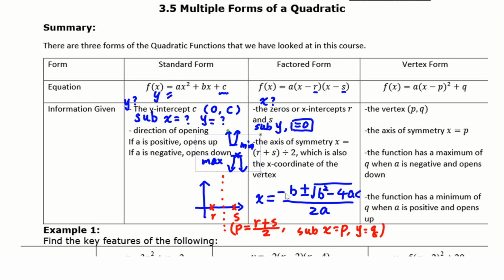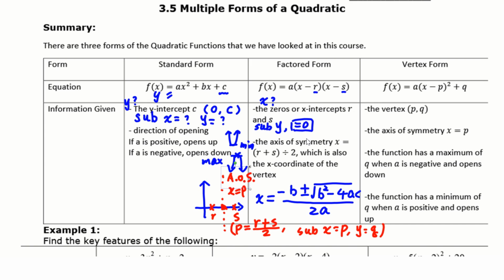Not only can you find the zeros, but also you can find the axis of symmetry, that is a vertical line that passes through the x coordinate of the vertex. So this line intersects the x-axis, and the point of intersection is the x coordinate of your vertex.